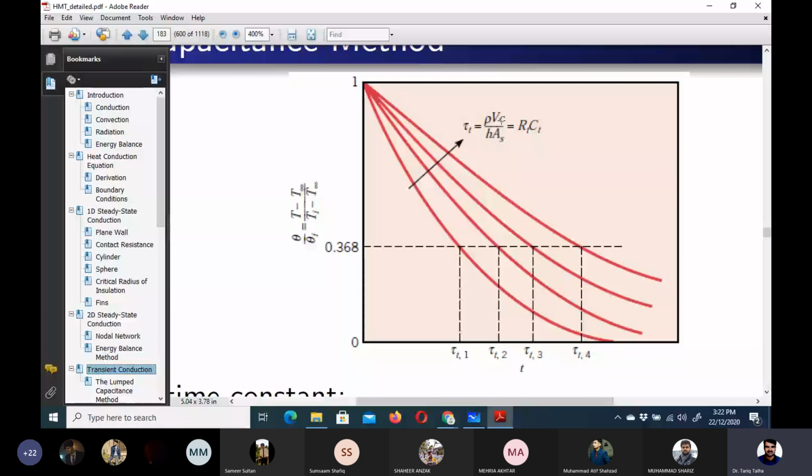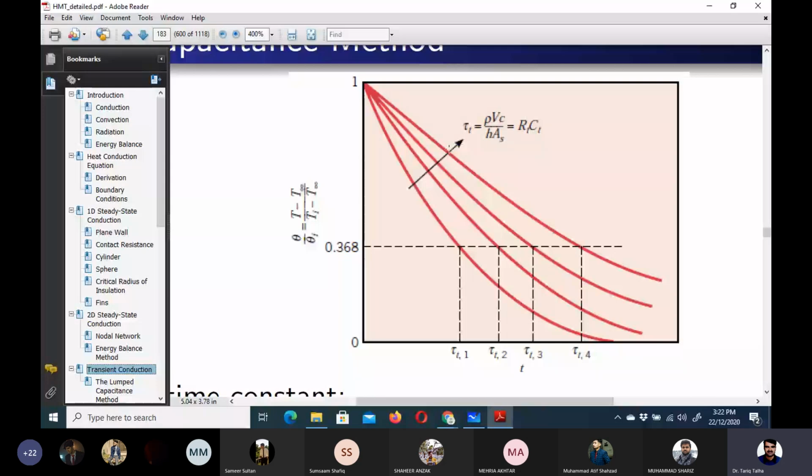This is the rho V C we see, right? When the thermal capacitance is more, it can store more energy and there is less resistance to the convection. So it means that when the thermal capacitance is more, it will lose energy slowly. You can see that as we are increasing tau, this slope becomes less and less, right?